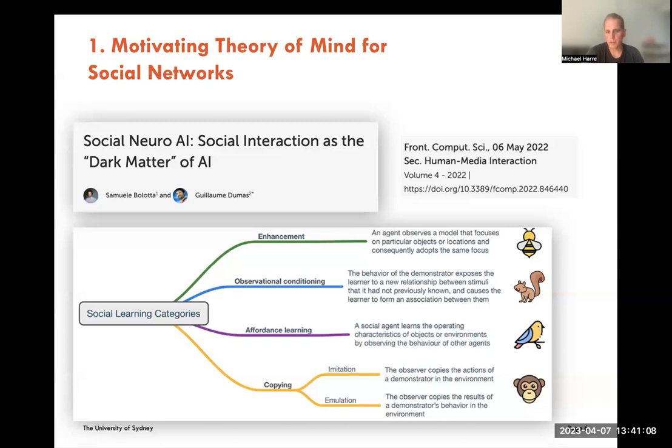And copying, both imitation and emulation, where the observer copies the actions of the demonstrator, or the observer copies the results of the demonstrator's behavior within an environment. And so in this way, this is one way in which human agents are able to learn in a natural environment. And perhaps this might help us in some way understand how to better engage with learning more realistic tasks with artificial intelligence.